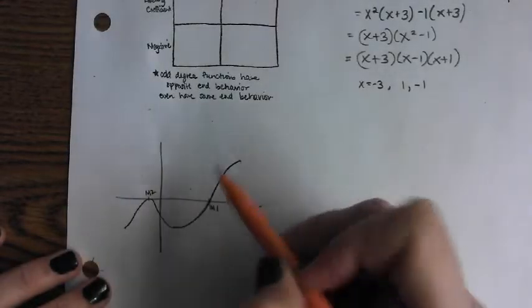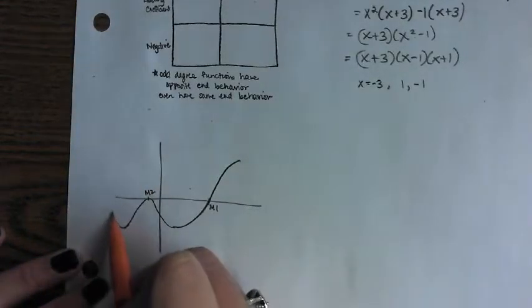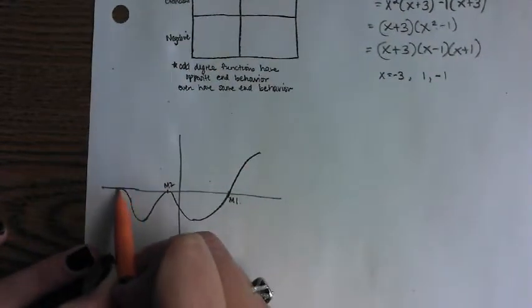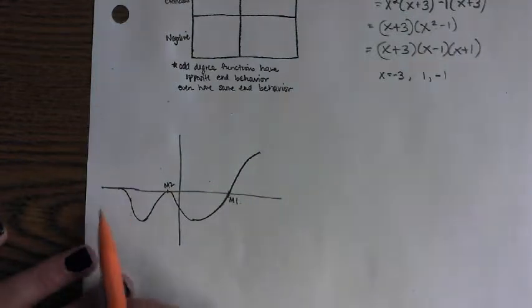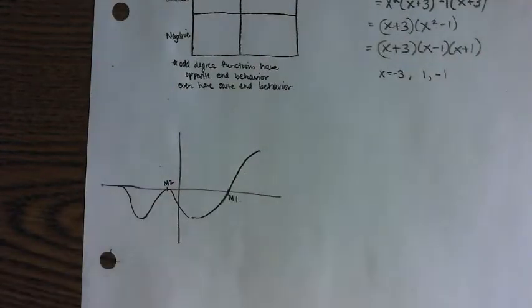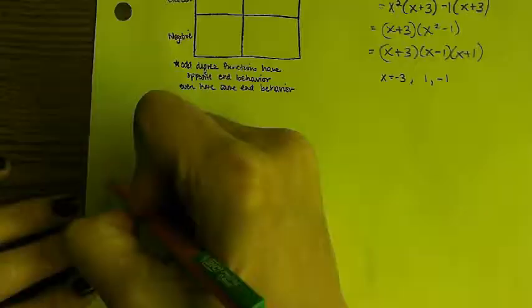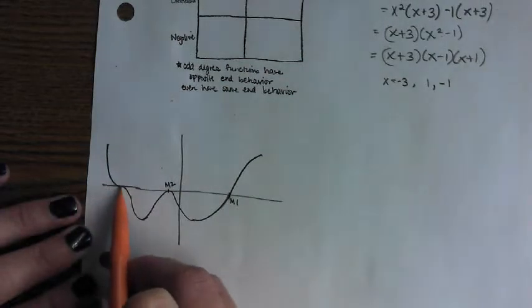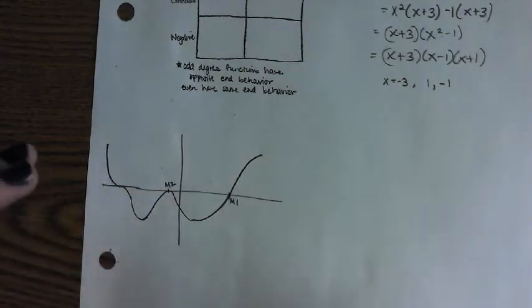This one goes smoothly through. If it's a multiplicity of 3, it's going to approach the x-axis as if it's going to be the top peak of a quadratic section, but then it inverts and goes through and looks on the other side like it's the bottom of a quadratic parabola. Does that make sense?